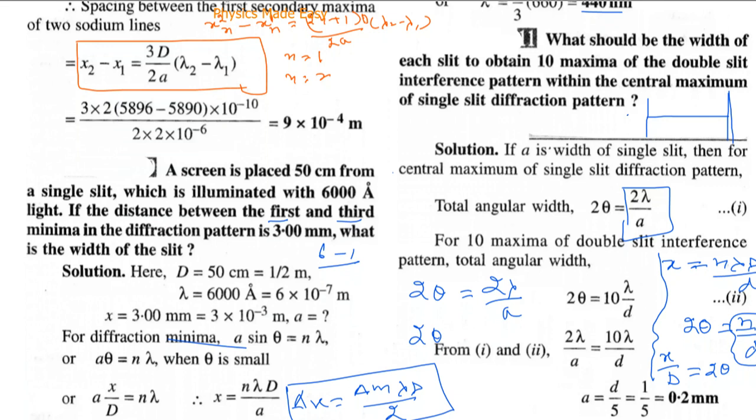This is the central point. It is illuminating the two sources like this, and these are the straight lines that go straight.